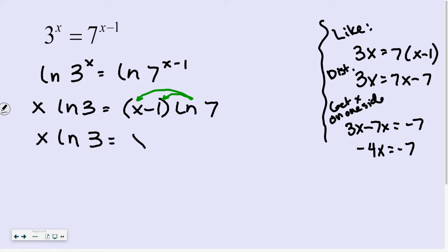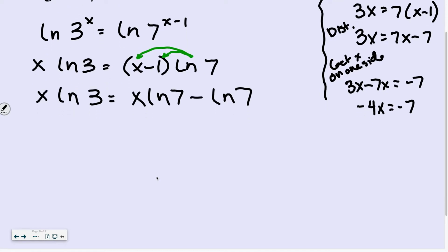So I'm going to write that as x natural log 7 minus natural log 7. To me, that's the same thing as what we have on the side, 7x minus 7, but we're just using a different number, natural log 7. So we distributed. If you need to make a little note in your notebook about what you're doing for these steps, write down that you just distributed.